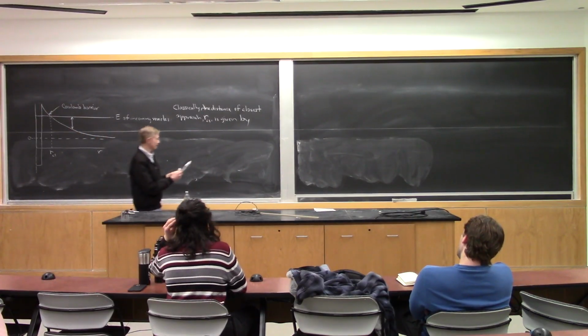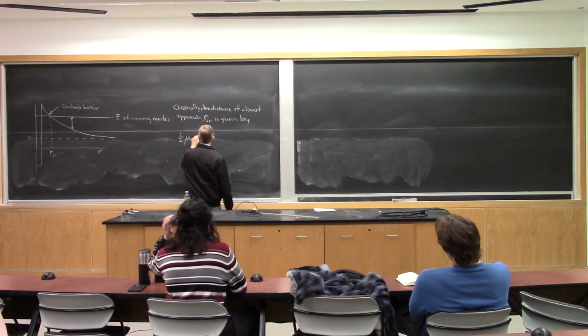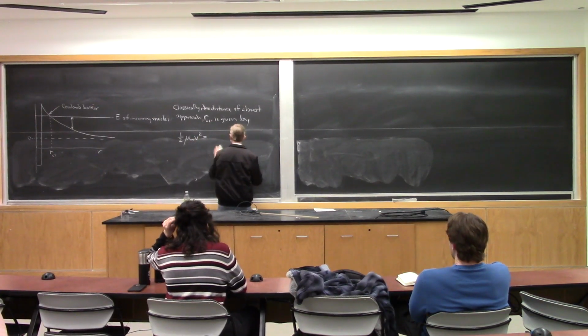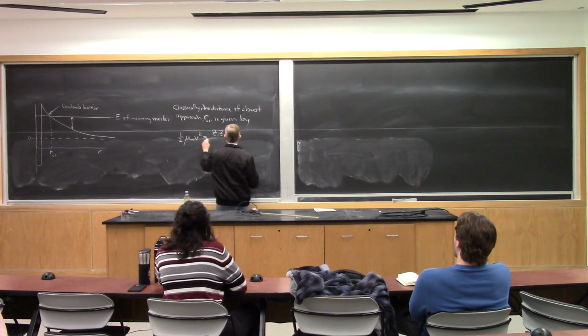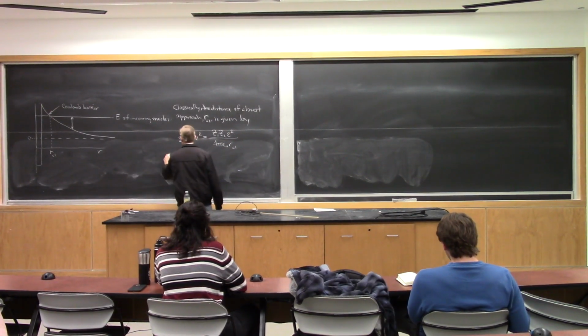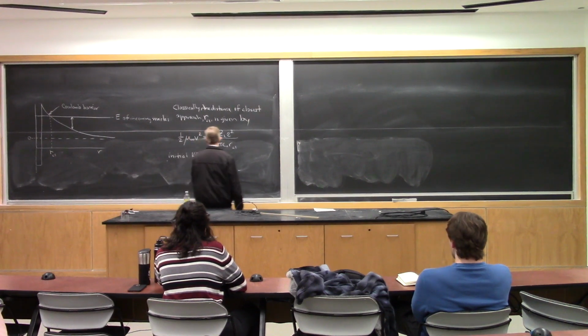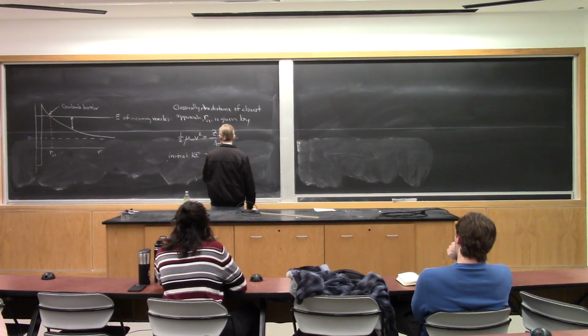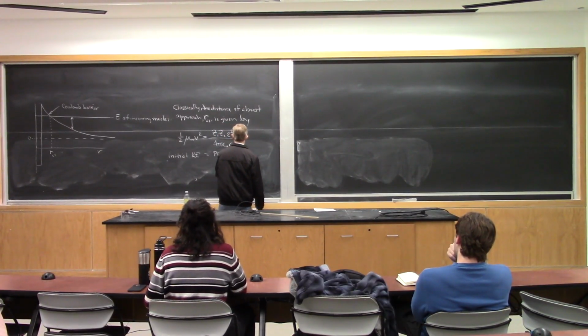We would say that 1/2 mu v squared is equal to Z1 Z2 e squared over 4 pi epsilon naught R classical, because this is saying that the initial kinetic energy is equal to the potential energy at closest approach.